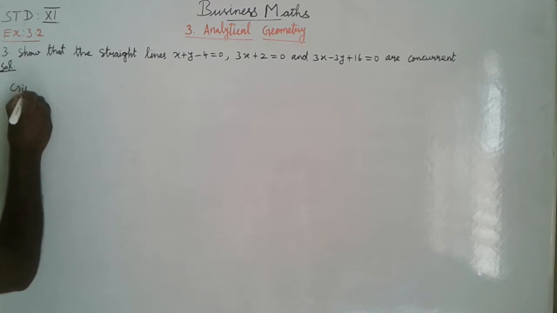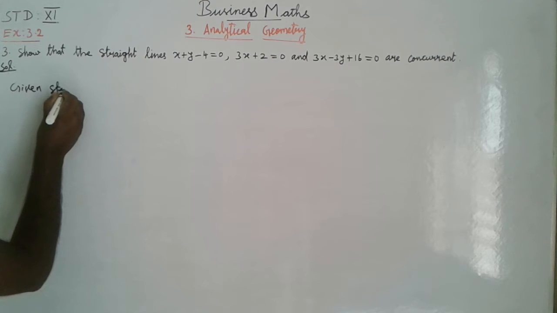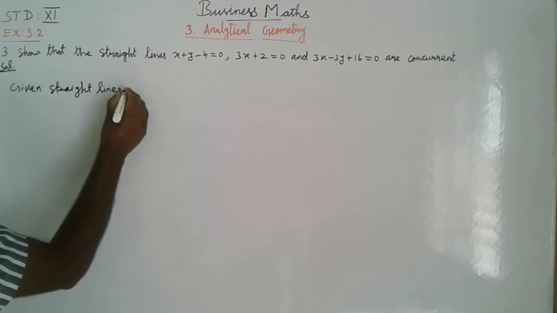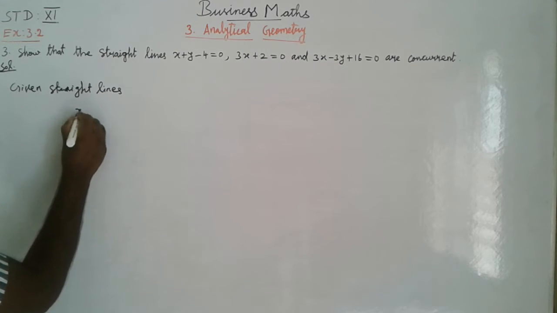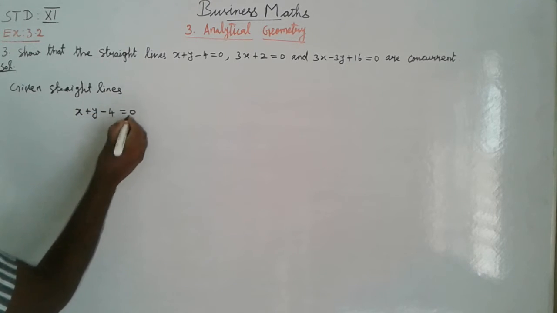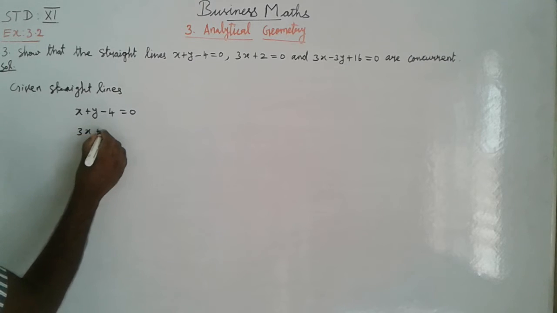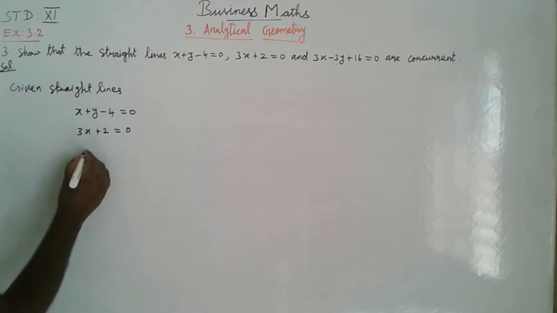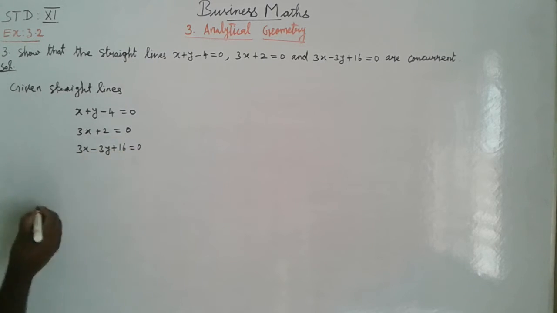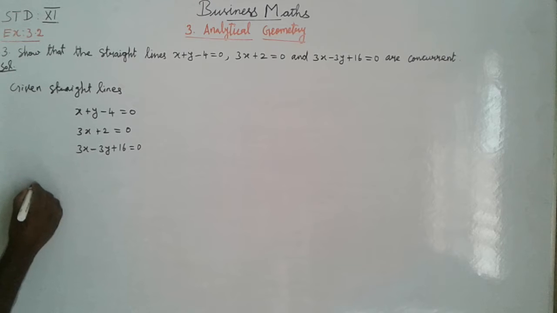Solution: given straight lines x plus y minus 4 equals 0, 3x plus 2 equals 0, 3x minus 3y plus 16 equals 0. If the determinant value equals 0, then the given lines are concurrent, otherwise they are not concurrent. So we should find the determinant value.